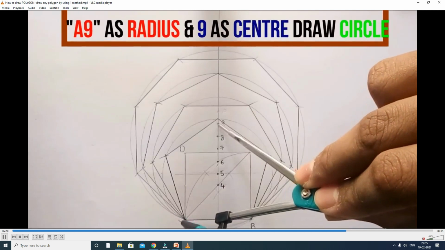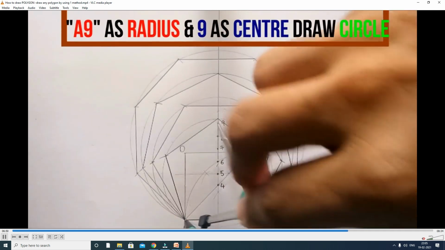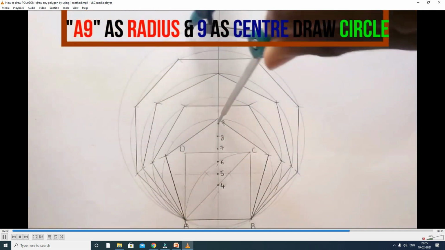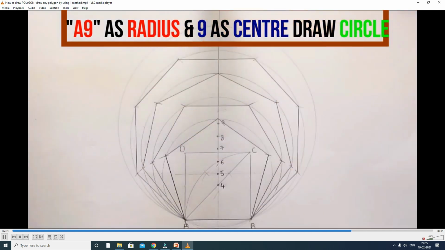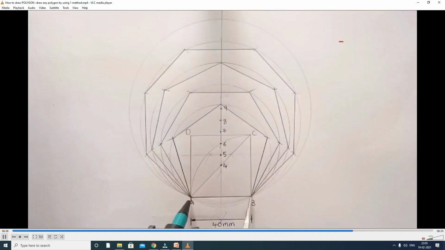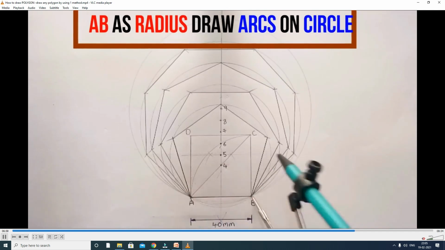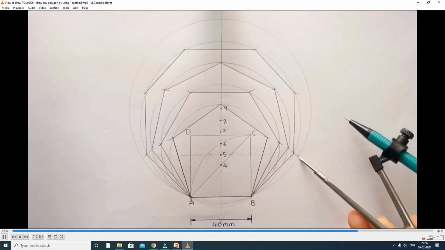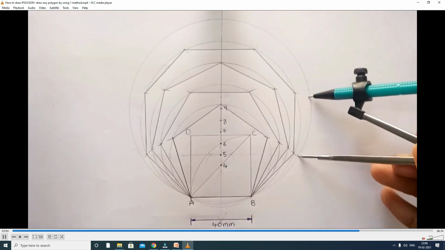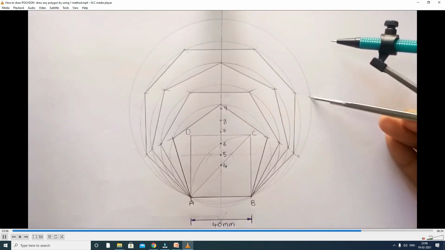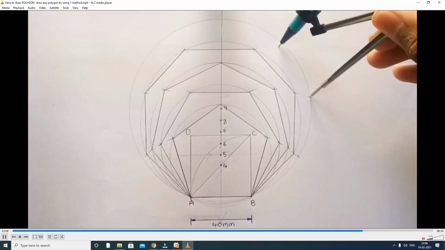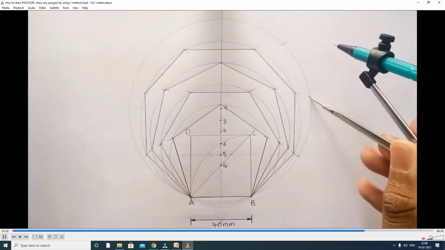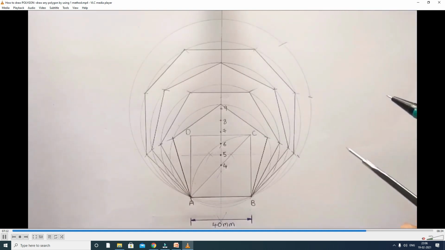Okay, next nonagon. 9 is the center, 9 to A. 9 to A and B. Touch the corners of the A to B line. We draw the one circle. So same distance A to B we measure. Then after we cut the total circle. Side distance is 40 mm. A to B distance.